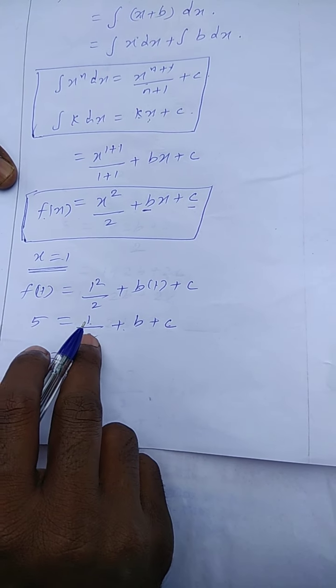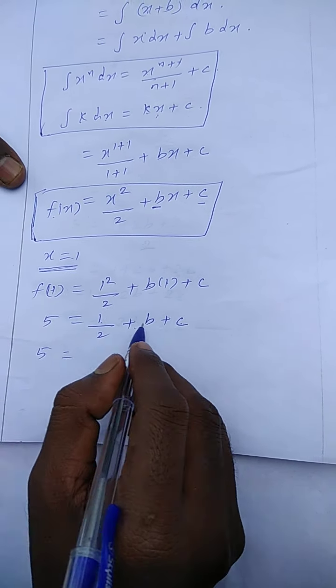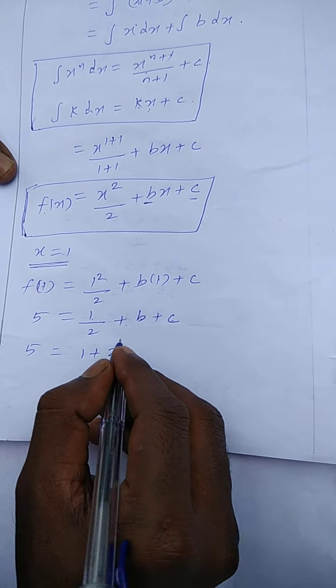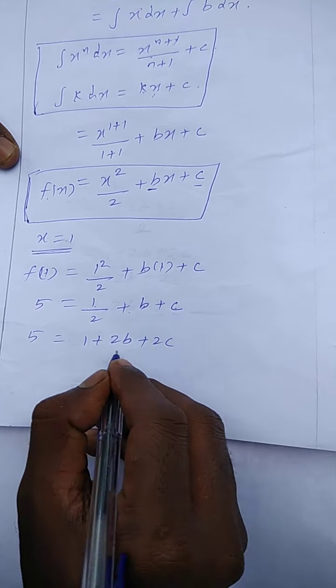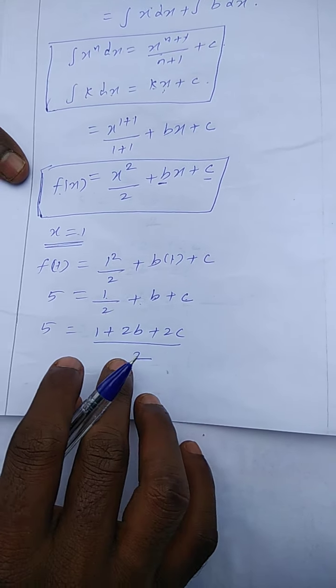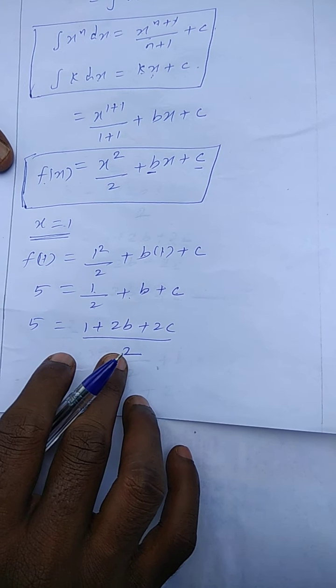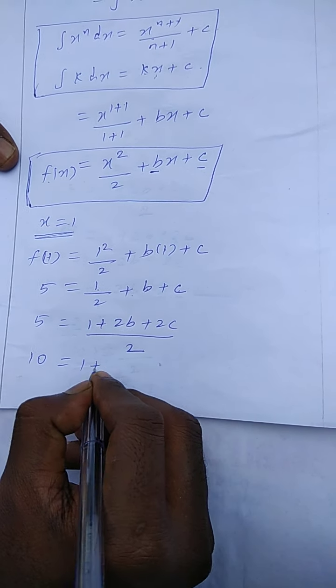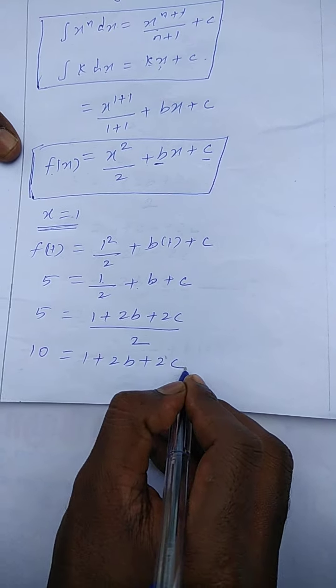Now cross multiply, we need the denominator 2: 2 into b, 1 plus 2b, 2 into c, 2c, by 2. The denominator 2 is a divide, so it will transpose to multiply. So 5 twos are 10, 10 equal to 1 plus 2b plus 2c.